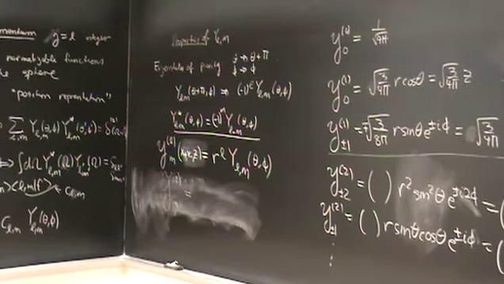So, for example, the 2D isotropic simple harmonic oscillator, we have rotational symmetry around the z-axis.